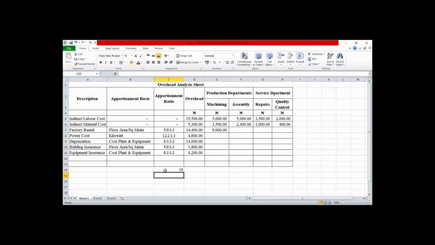Please recalculate it. You typed 8, not 18. Do it again. The answer is wrong.